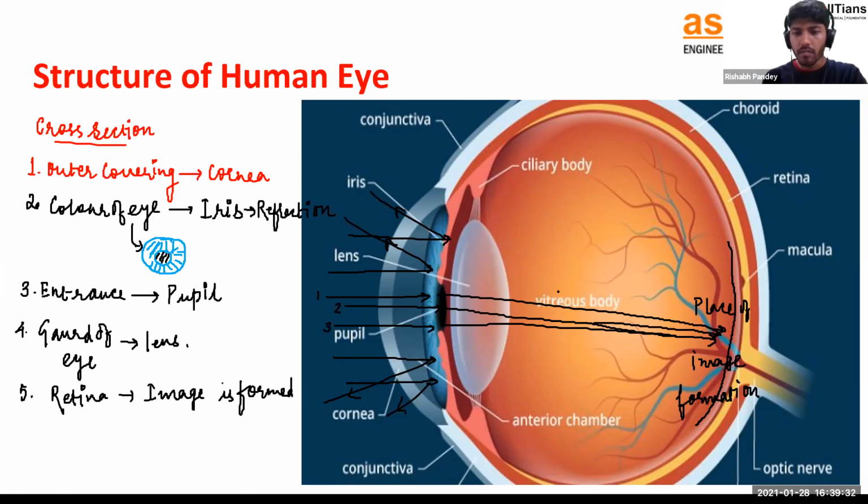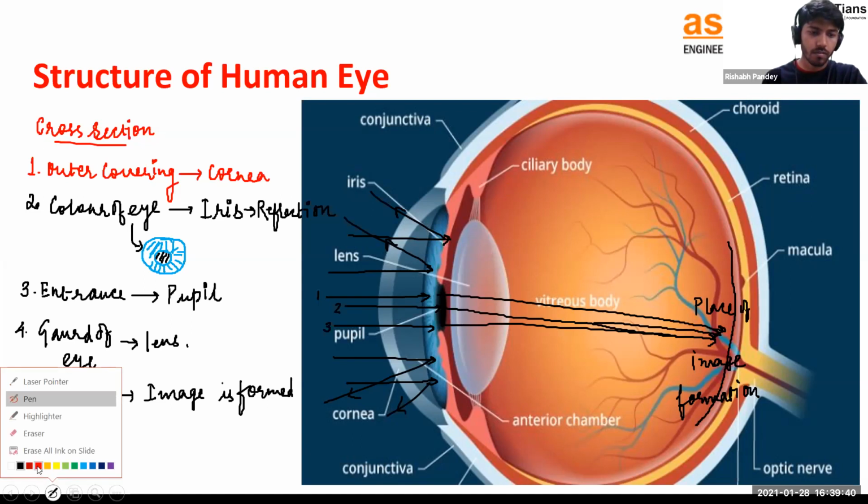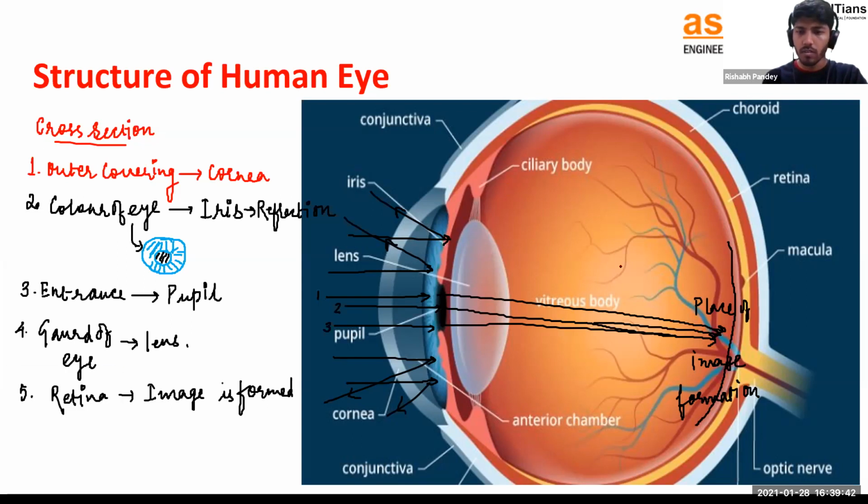Here in between, this empty region is filled with a liquid that is called the vitreous body, or you can also call it vitreous fluid.